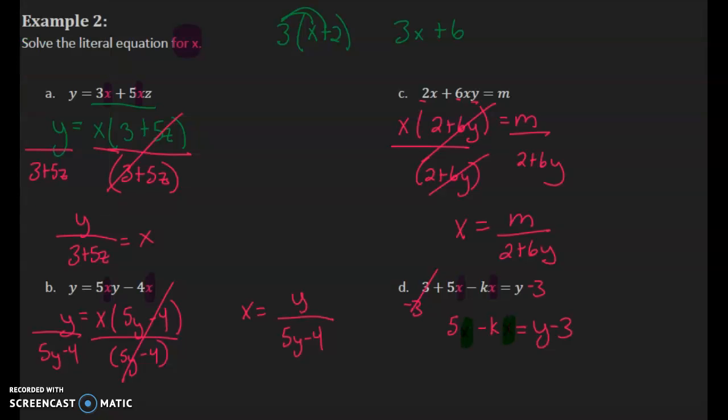So now you can pull that x out, and I'm going to pull it out in front and undistribute it. So what I have left is 5 minus k, and then that's multiplying, so I'm going to divide by 5 minus k on both sides. So that's about as hard as our problems will get today. Your answer is x equals y minus 3 all divided by 5 minus k.